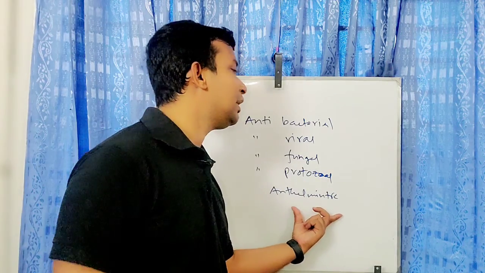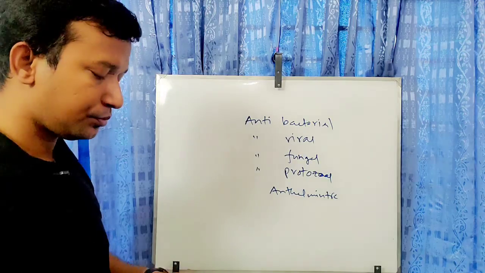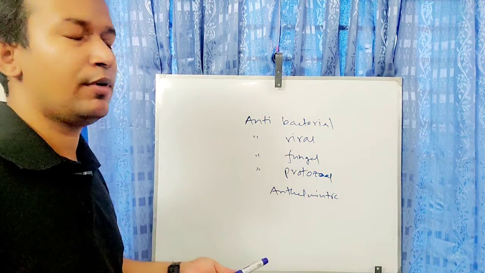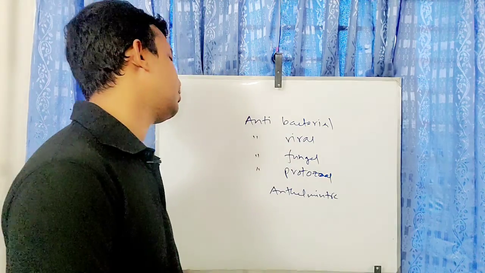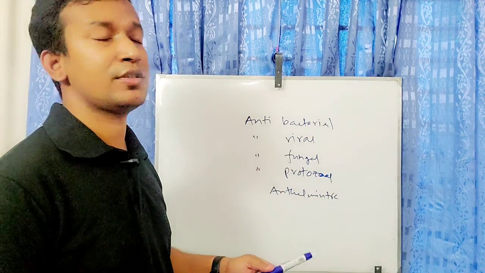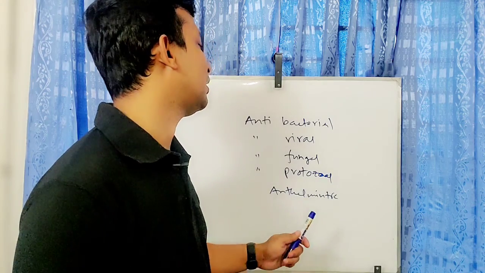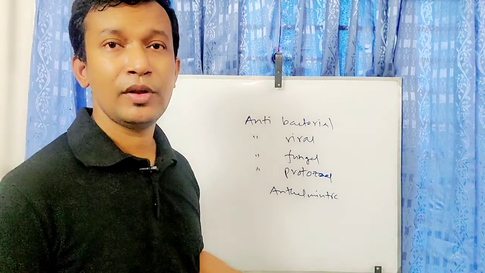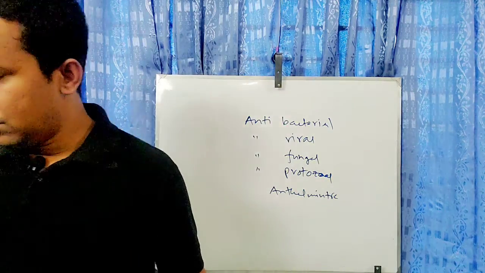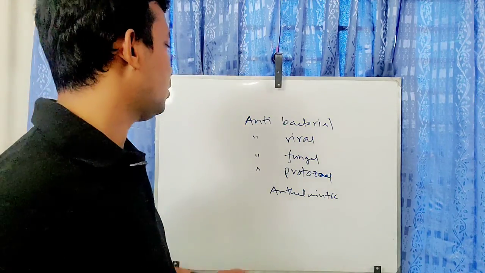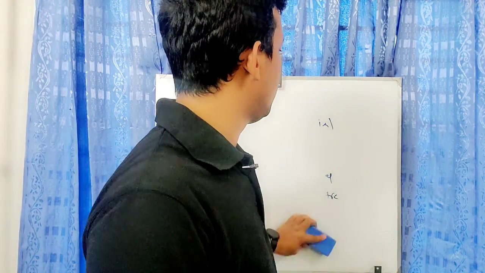And anthelmintic is basically albendazole, mebendazole, those things, which actually fight against the worm. So if we talk about worm infestation, then the anthelmintic comes there. So these are also the way we can classify the antimicrobial agents.